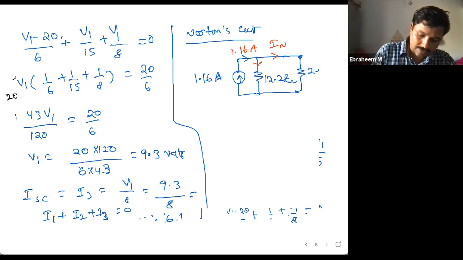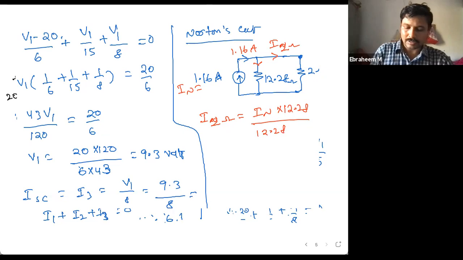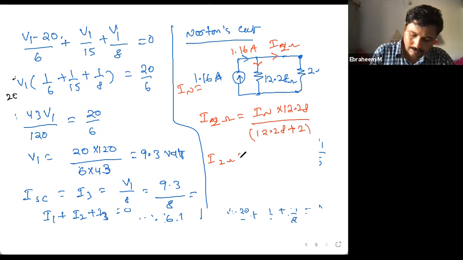Some current flows into this, right? So not IN, sorry, I2 ohm. I2 ohms is equal to IN into the other resistance 12.28 divided by 12.28 plus 2. This is the simple current division rule. When these two resistors are in parallel, we can use the current division rule, right?